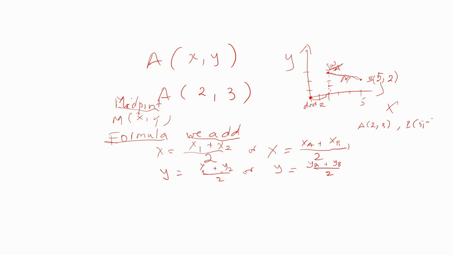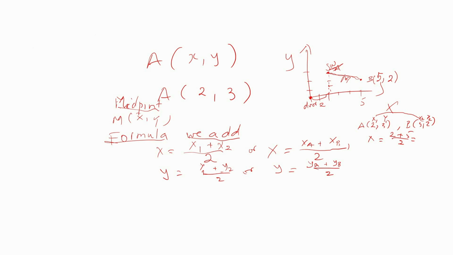Sometimes there are other students who prefer to use xA plus xB, as we named our points A and B, but that is just names. Now, the y coordinate will be y1 plus y2 over 2. Or, on the other hand, y can be yA plus yB over 2.